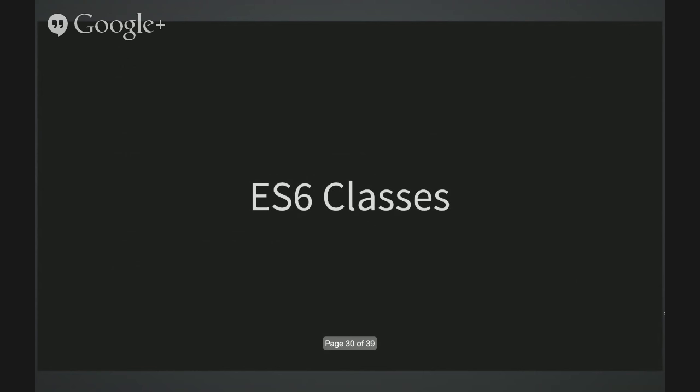This may seem crazy, but one good example is ES6 classes. In React, you have React.createClass, which is a way to do classes. But it turns out that the new standard of JavaScript has a class syntax.